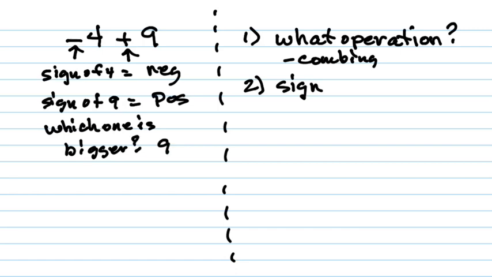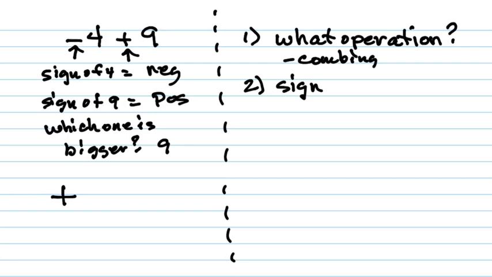Well, 9 is bigger than 4, right? Yeah. Okay? Well, if 9 is bigger than 4, then the 9 wins. Okay? So our answer is going to be a positive. Right? So what if the 9 had been negative? Then the answer would have been negative.